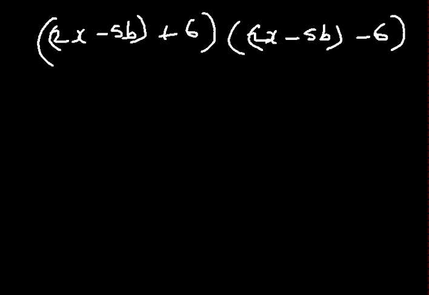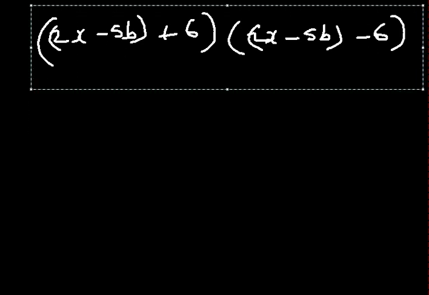And how about if we have the problem that goes like 2x to the power 3 minus 50x. Now how should we completely factorize this expression? On this and this, what is the highest common factor?